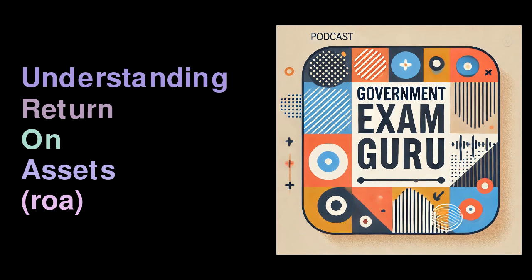ROA in practice. ROA serves as a benchmark for assessing financial performance. For example, let's hypothetically examine three retail companies to illustrate normalized ROA, which excludes non-recurring expenses, for the trailing 12 months.